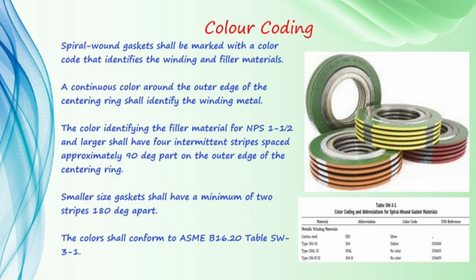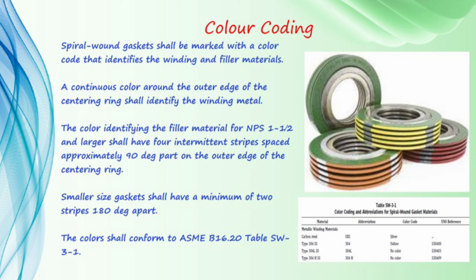The color code identifying the filler material for NPS 1.5 inch and larger shall have 4 intermittent stripes spaced approximately 90 degrees apart on the outer edge of the centering ring. Here you can see the gray color in this image or white color in the image. They are intermittently marked. That is one type of identification for the filler material. Smaller size gaskets shall have a minimum of 2 stripes 180 degrees apart.